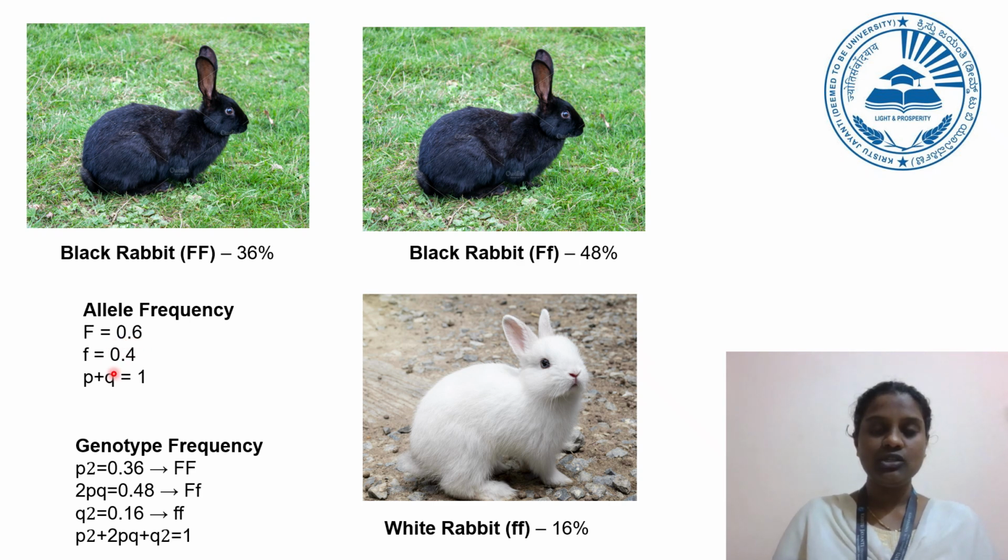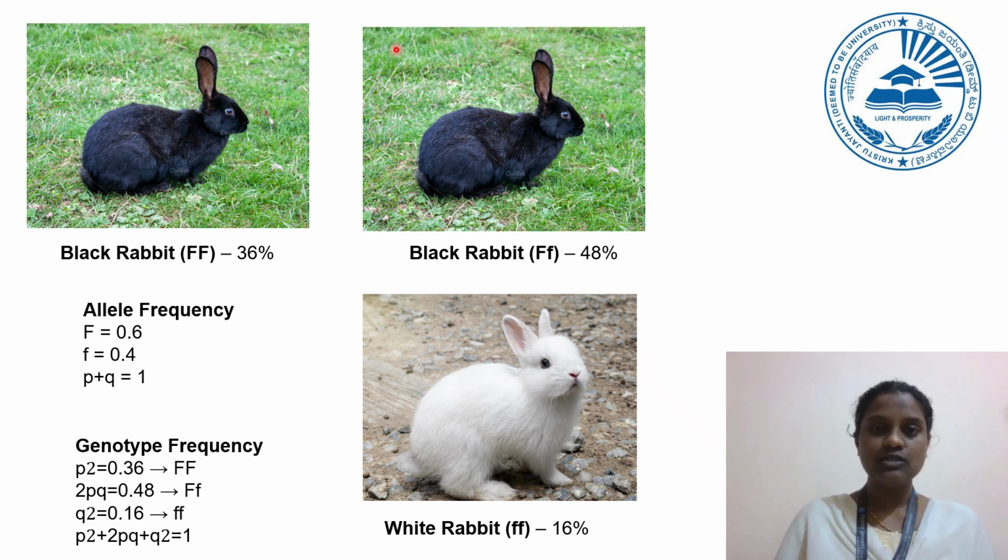Using the Hardy-Weinberg principle, the frequency of homozygous dominant, p square, will be 0.36, the frequency of heterozygous, 2pq, will be 0.48, and the frequency of homozygous recessive, q square, is equal to 0.16.